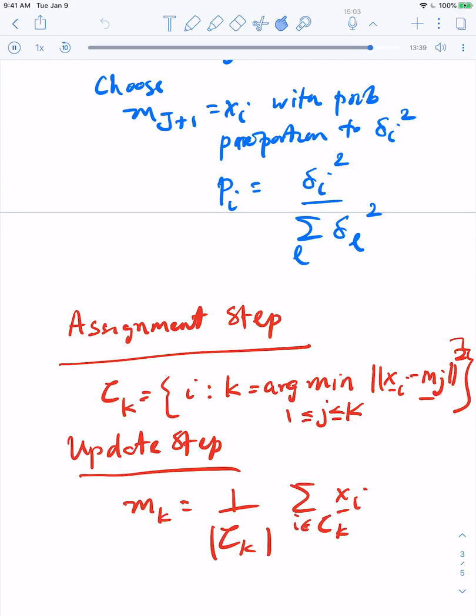Couldn't be simpler, which is why the k-means algorithm is one of the most popular, the most popular approach for clustering. We will hint at when it doesn't work.